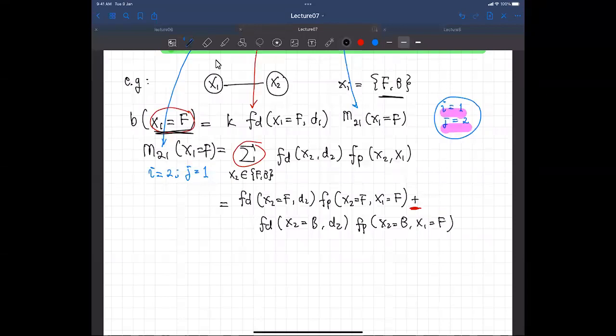So that is the idea. We assume x2 equals f and ask what the whole value will be, and then we assume x2 equals p and ask what the value will be. And then we sum them. That's the meaning of the sum sign there.